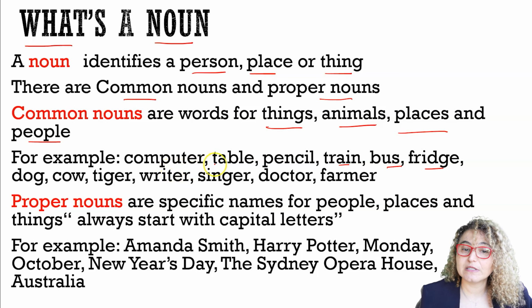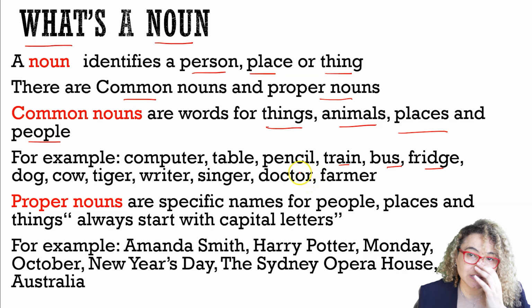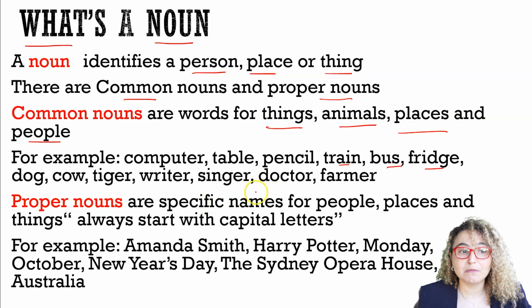So computer, table, pencil, train, and bus, they are things, yes? Dog, cow, tiger are animals. A writer is a job. Singer, doctor, and farmer, these are people. Okay, so we know that common nouns are words for things, animals, places, and people.